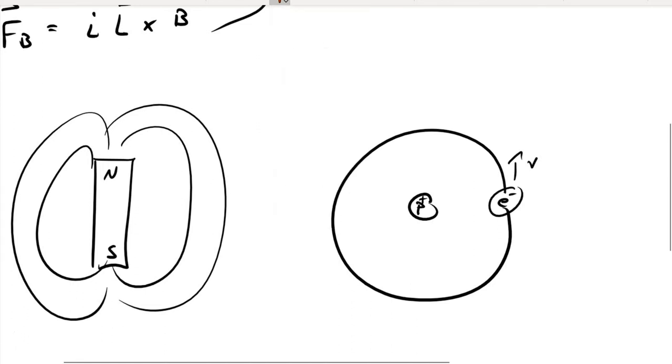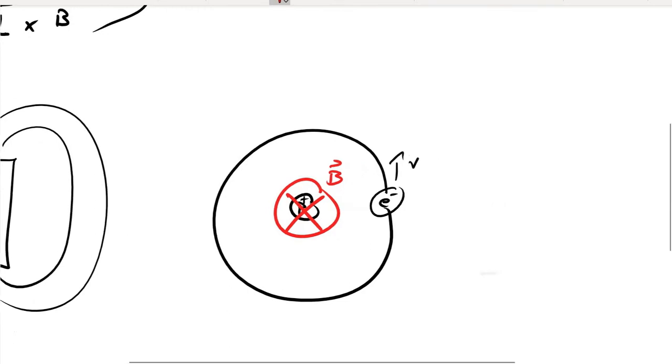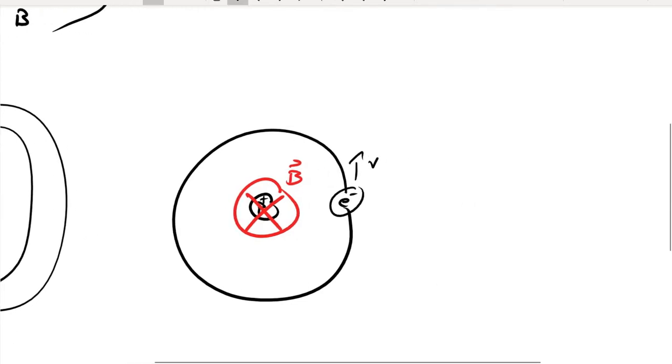Now, some of you might be wondering, why does the magnetic field point into the page in this case? Because we've been learning about the right hand rule, and with the right hand rule, whenever it comes to either charge or current versus magnetic field, there is something that will move in a straight line in your diagram, and there is something that will move in a curve in the diagram.